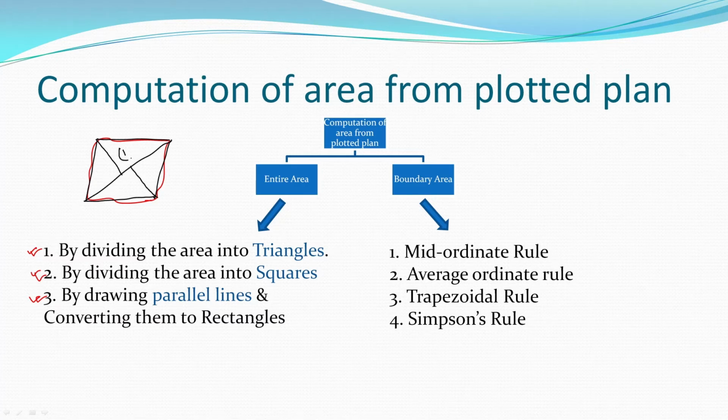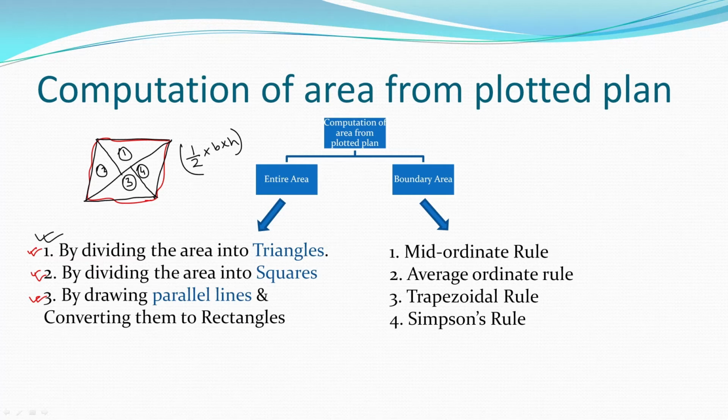Now you have 1, 2, 3 and 4. These 4 triangles, you just measure the area of. You know how to determine the area of a triangle, that is half into base into the height. You determine the area of the individual parts, make the summation of all those, and you will get the area of the total portion.